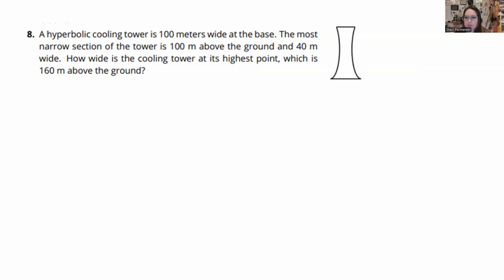So for this one, we need to label our picture. We know that for a hyperbola, we have a center. And we go some value left and right, some value up and down, and it creates this box.